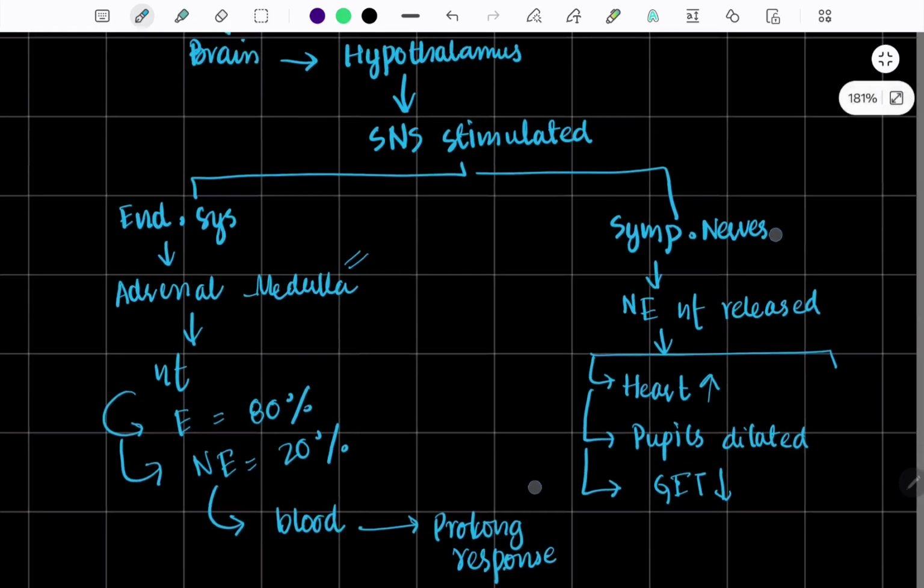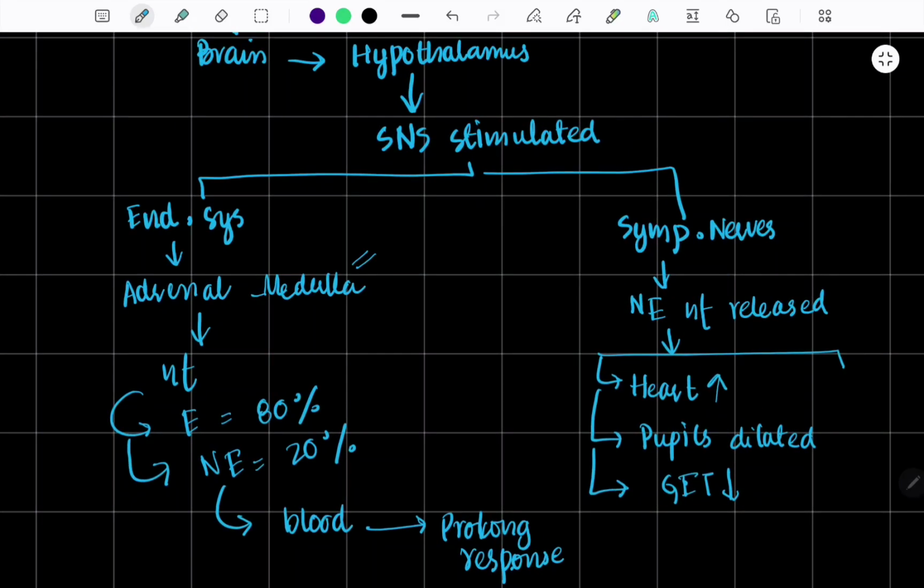Now, what is the difference between the two systems? The difference is that the nerves provide the immediate targeted response, as I told you here, but when we talk about the adrenal hormones, they spread and sustain the response throughout the body, right?